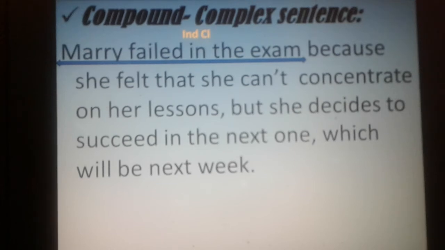The first verb is failed and its subject is Mary. But as I explained, a compound complex sentence must have two or more independent clauses, and two or more dependent clauses. Not just one independent clause, but two or more.